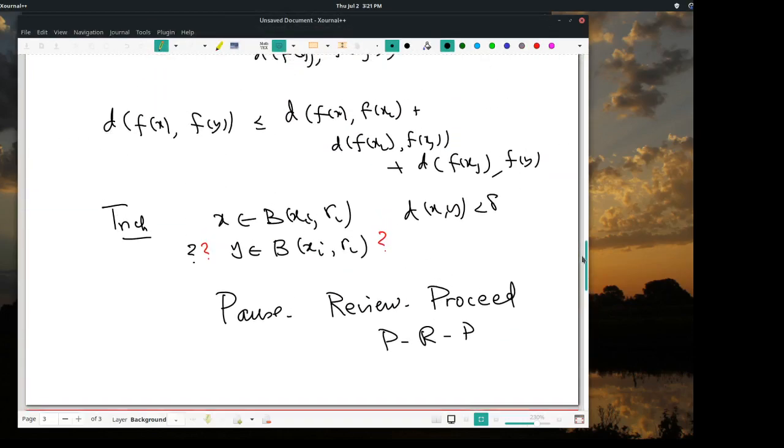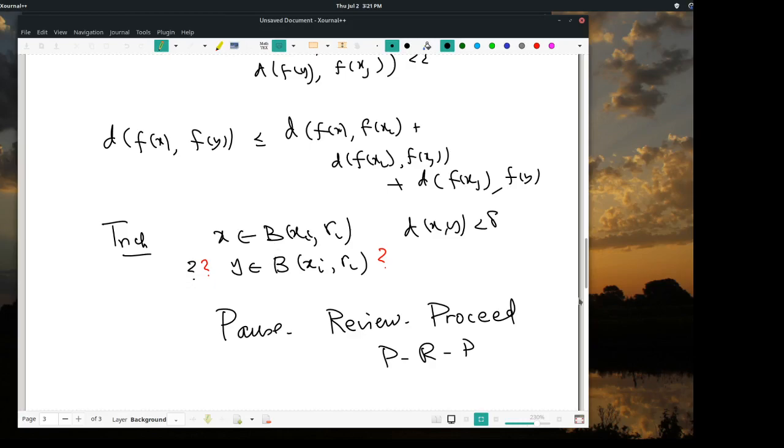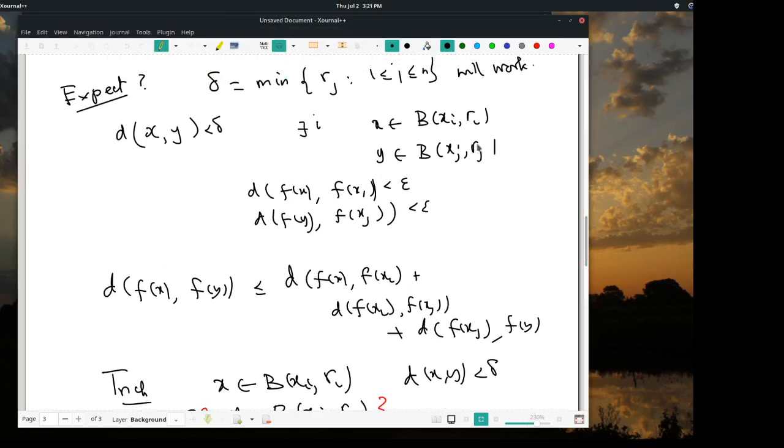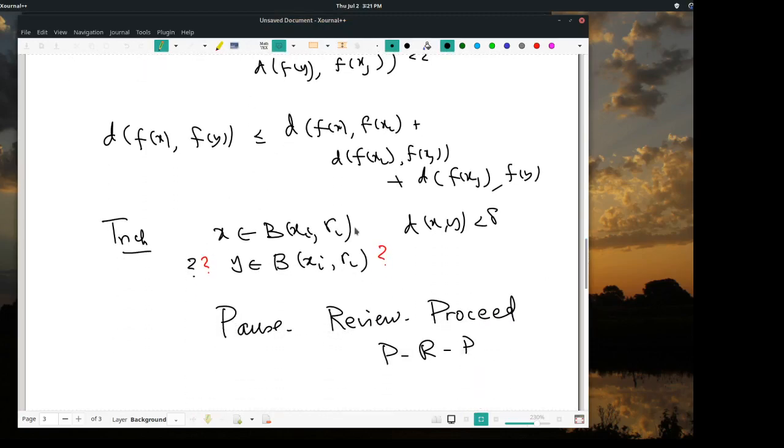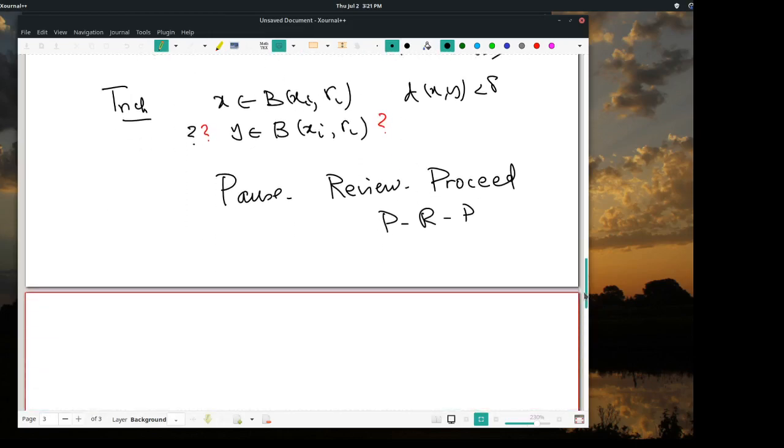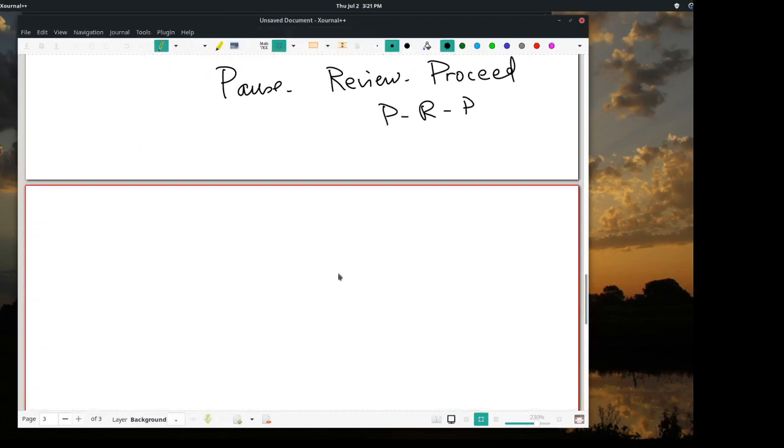So the trick is, if I cut down this distance by half, therefore my delta is less than, let us say, ri by 2, then y will also be here, because the distance between x and y will be less than or equal to the distance between x and xi plus the distance between xi and y. Then I can show that. Just if you have a problem, let's see.